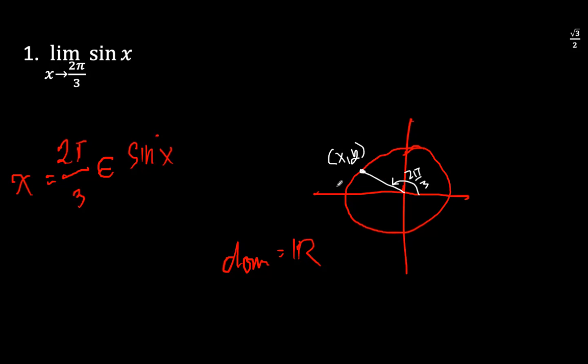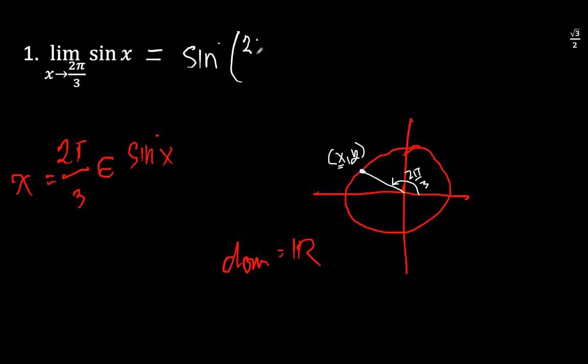Therefore, the value of x, which is 2 pi over 3, is still part of the domain of sine x. And the values of x and y here are not undefined or indeterminate in form. So to get the limit of sine x as x approaches 2 pi over 3, we're just going to substitute the value of x, which is 2 pi over 3.